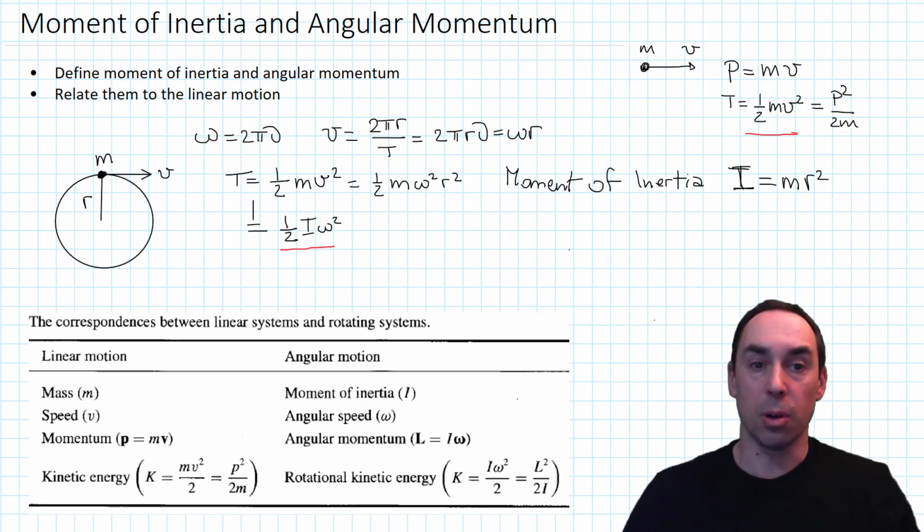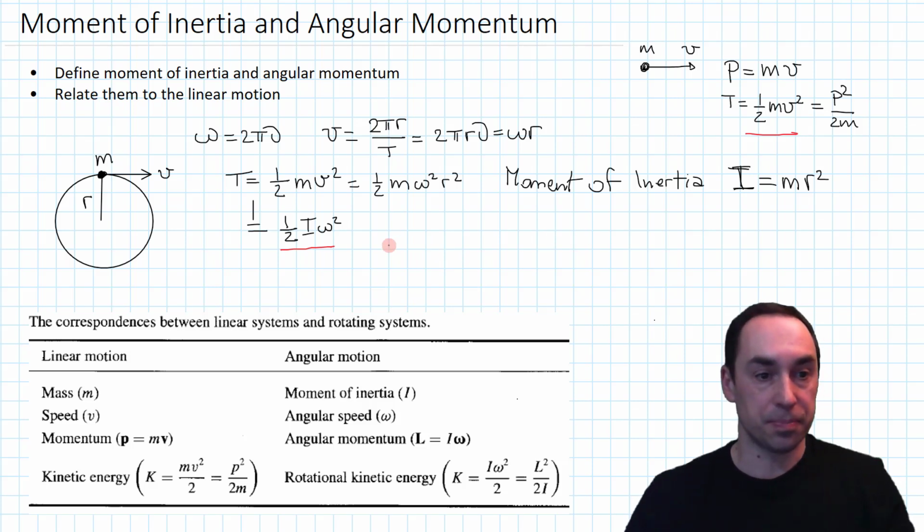We have almost all of the pieces there. Now we just need to figure out one that is still missing, because we know the momentum, the linear momentum in linear motion, so there must be something similar to linear momentum in angular motion.